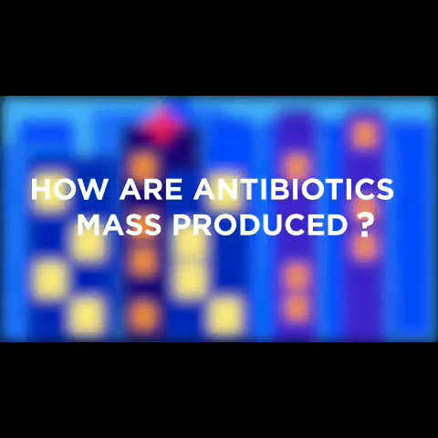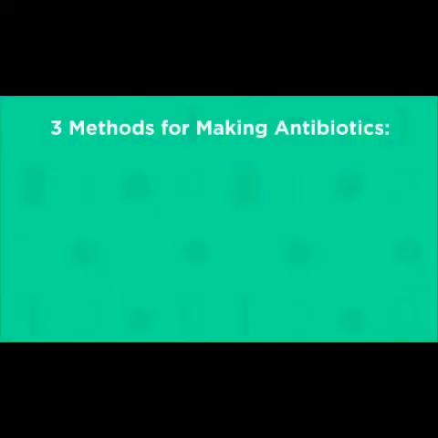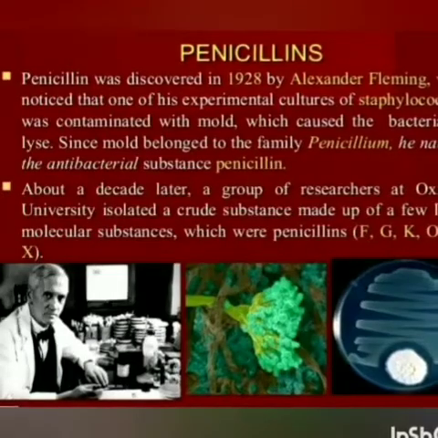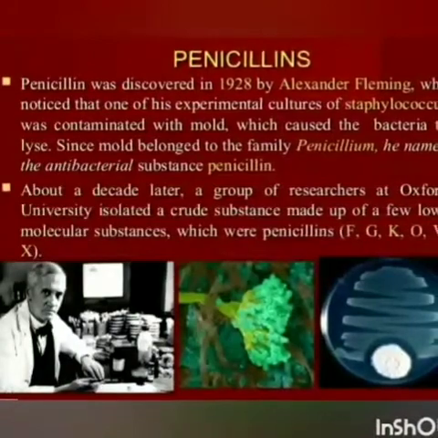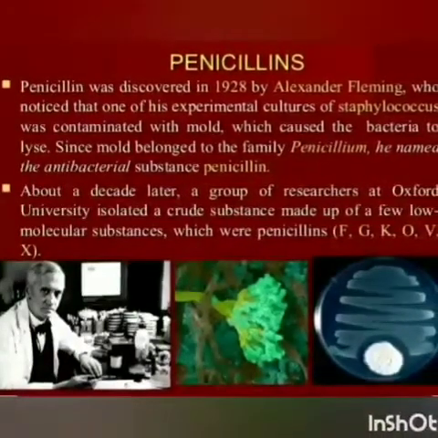Thus, the first antibiotic, penicillin, had been discovered accidentally, and this formed the basis for attempts to find cures for incurable diseases. Shouldn't we always be grateful to Alexander Fleming for the discovery of this life-saving antibiotic?